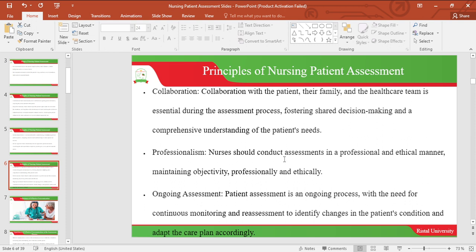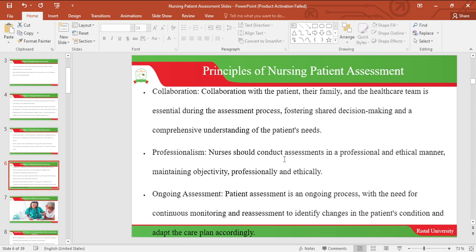Collaboration is also another principle. Collaboration with the patient, their family, and the healthcare team is essential during the assessment process, fostering shared decision making and a comprehensive understanding of the patient's needs. What is meant here is that when the nurses are assessing their client, the family members should also be involved.